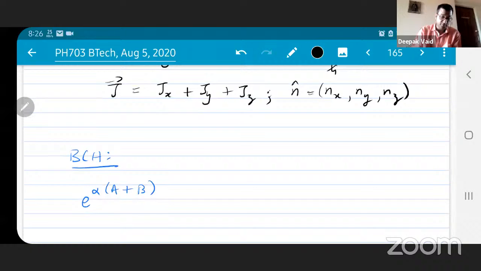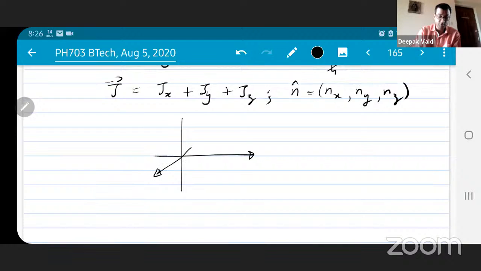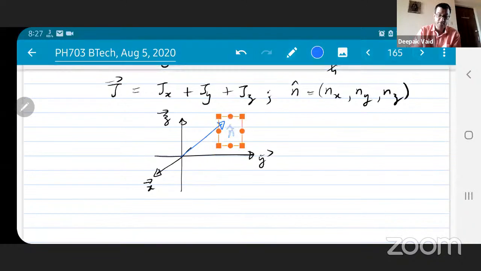This says that if you have a three-dimensional coordinate system, right? You are in 3 dimensions, let's say x, y, and z. Then you consider any arbitrary direction in 3-dimensional space. That arbitrary direction can be given by some unit vector.